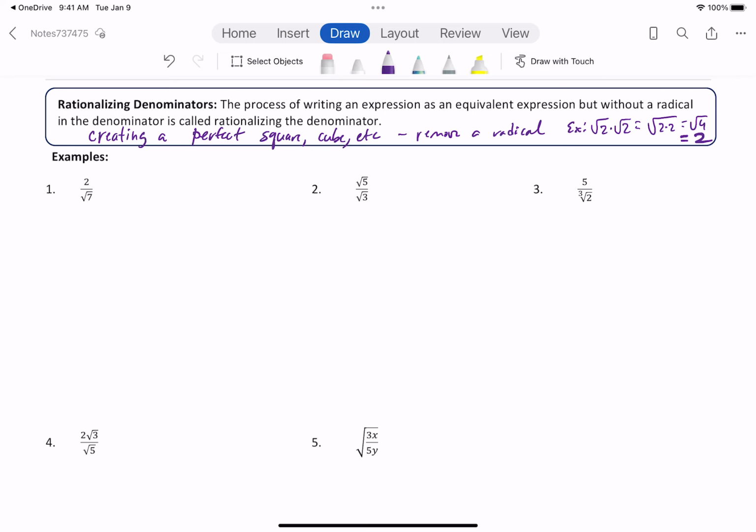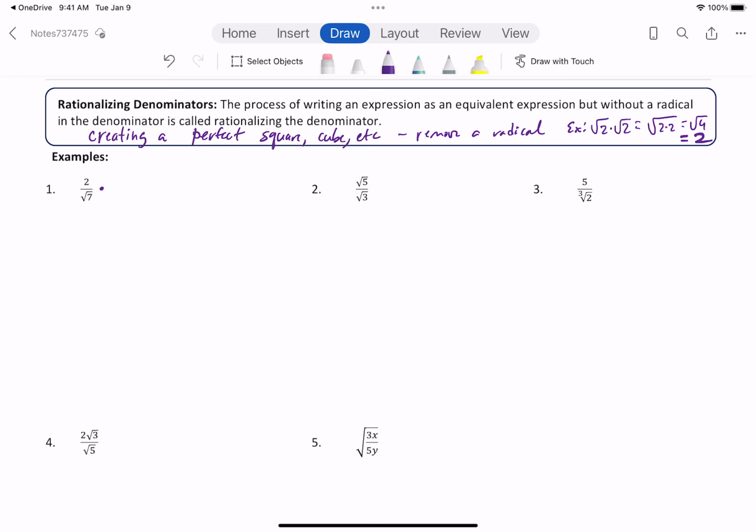As we look through these examples, this is what we're going to be looking to do. For the first one, I have 2 over the square root of 7. So having that root in the denominator is not okay. What we want to do is force a perfect square so that we can evaluate it. Now it turns out that square roots are easier than cube roots.